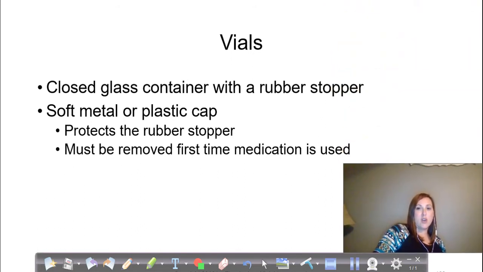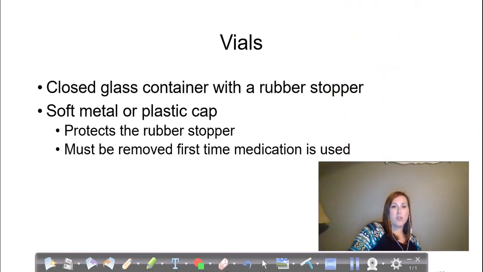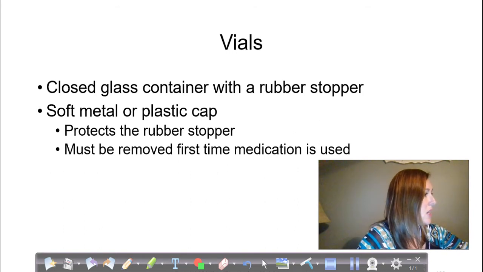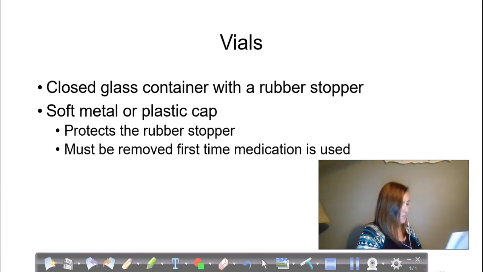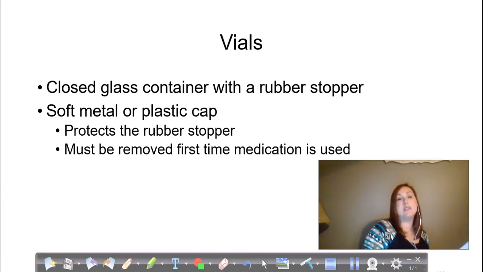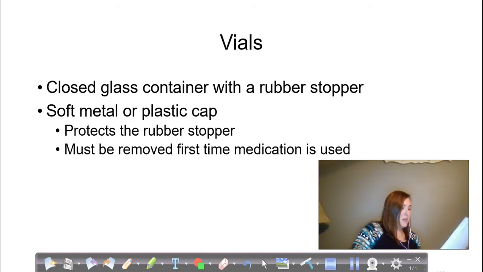Vials. Vials are a glass container with a rubber stopper. It's usually a soft metal or a plastic cap that protects the rubber stopper at the top of the vial. You can see more pictures of what a vial looks like on page 652, Figure 26-11 to be exact.